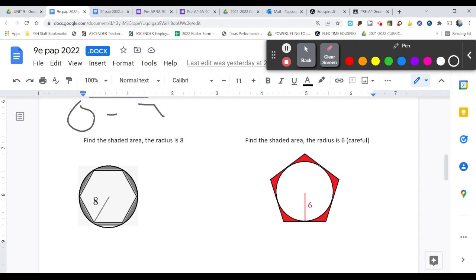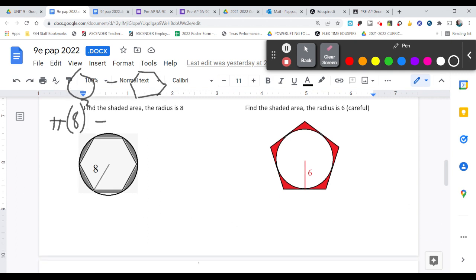We're going to subtract the area of the hexagon, okay? Well, the area of the circle is easy. What's the area formula for a circle? Pi r squared. Did they give us the r? Yeah, it's 8, okay? So we know we're going to have pi times 8 squared there, okay?